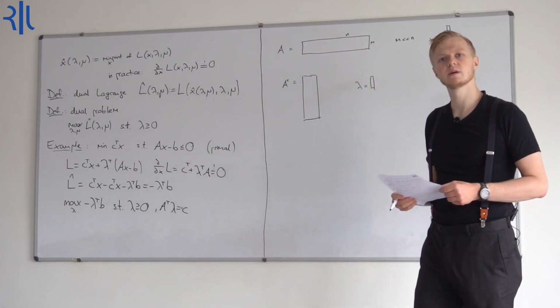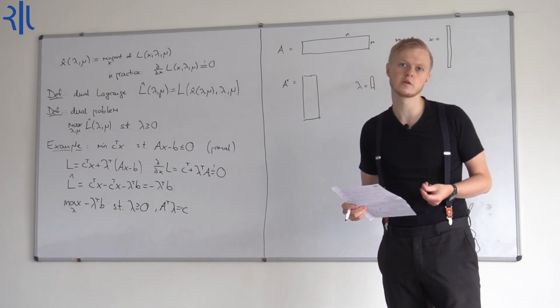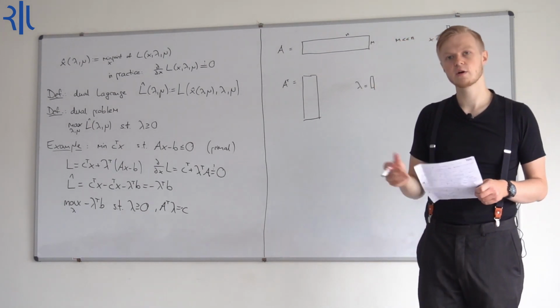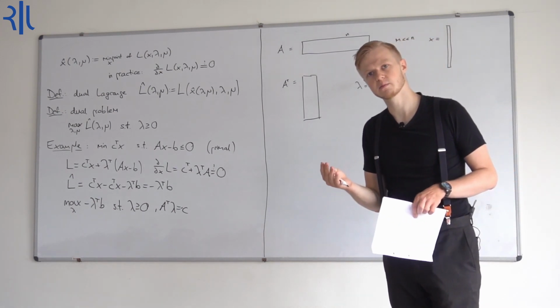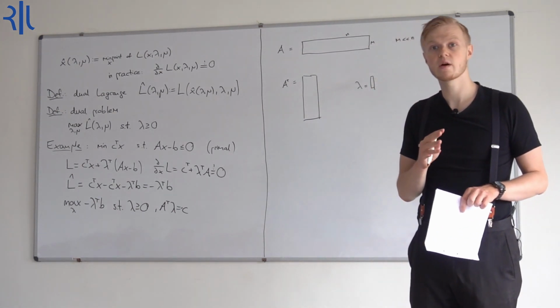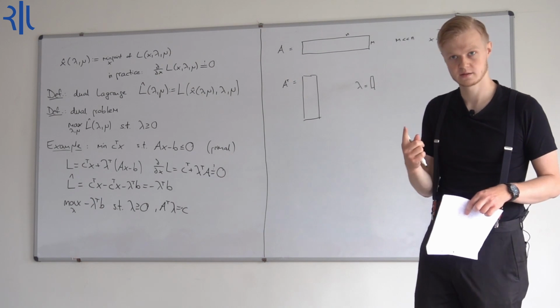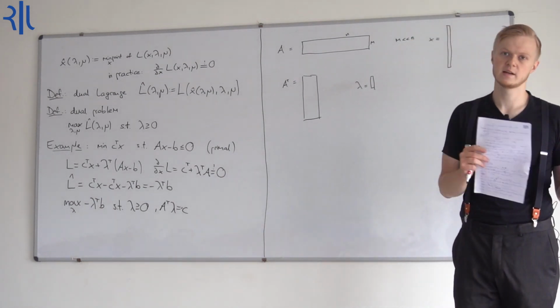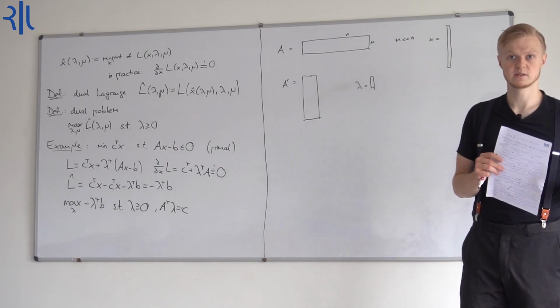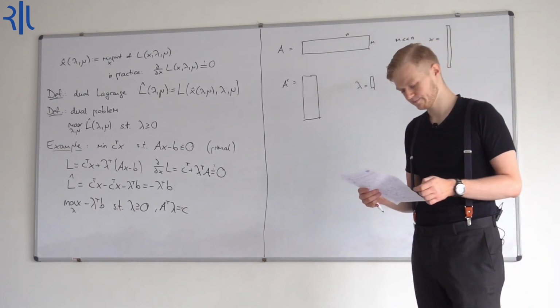So we transformed a very high dimensional problem into a lower dimensional problem. The primal problem scales in the number of variables. The dual problem, however, scales in the number of constraints. So if one has fewer constraints than variables, it might be a wise consideration to think about the dual problem.